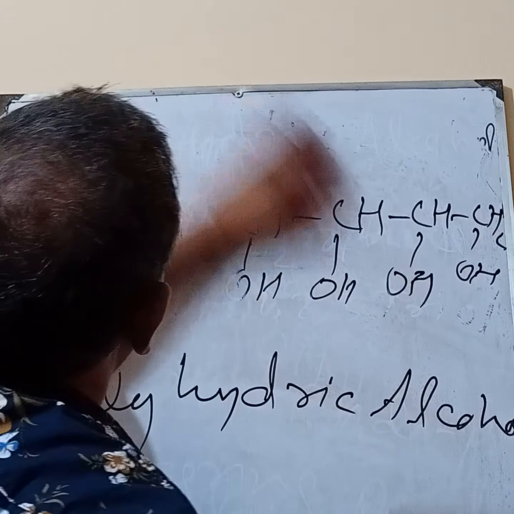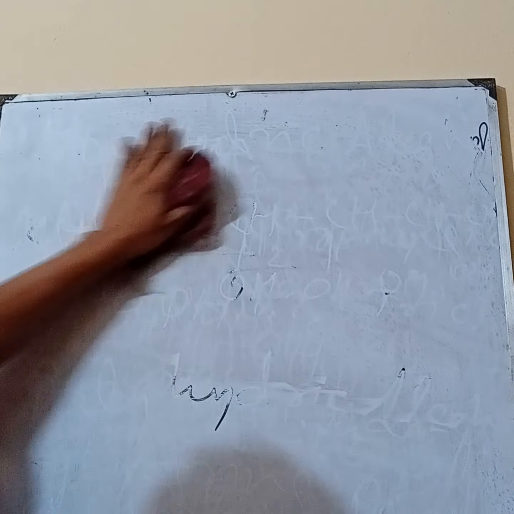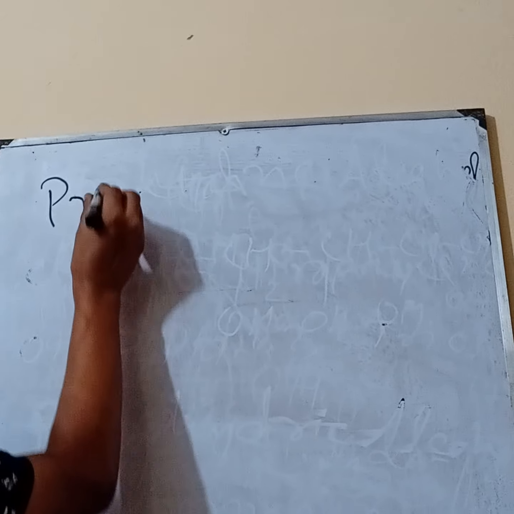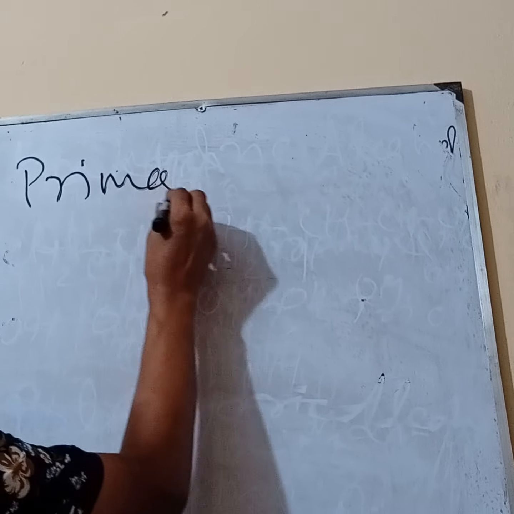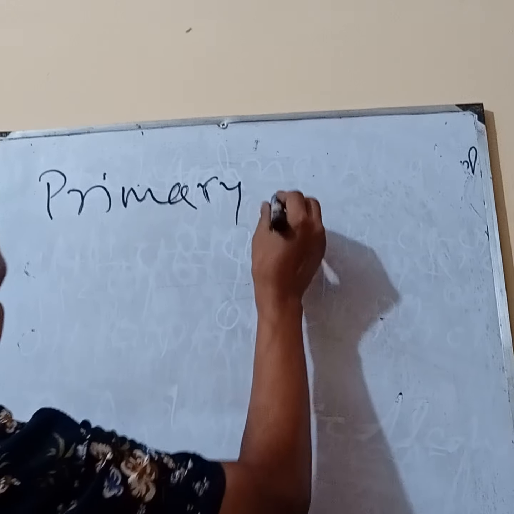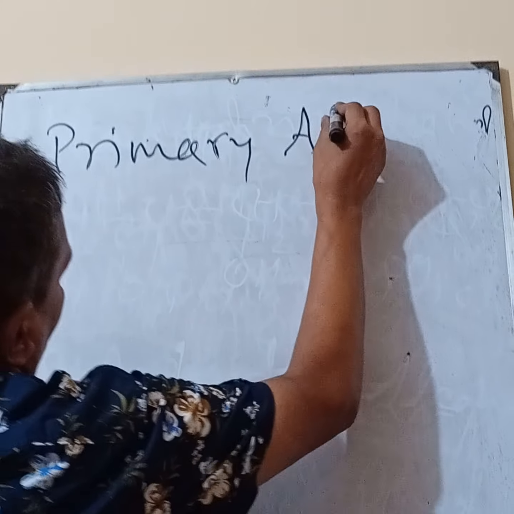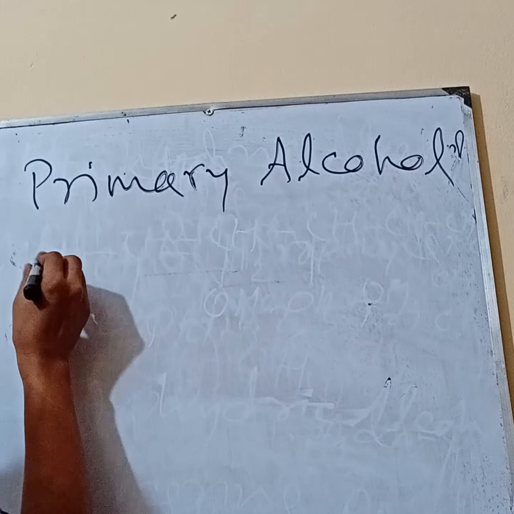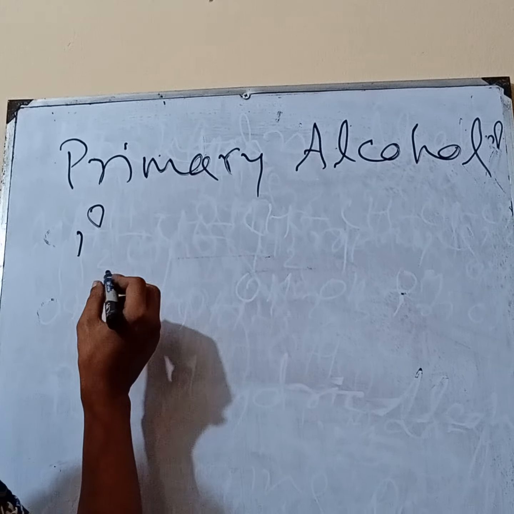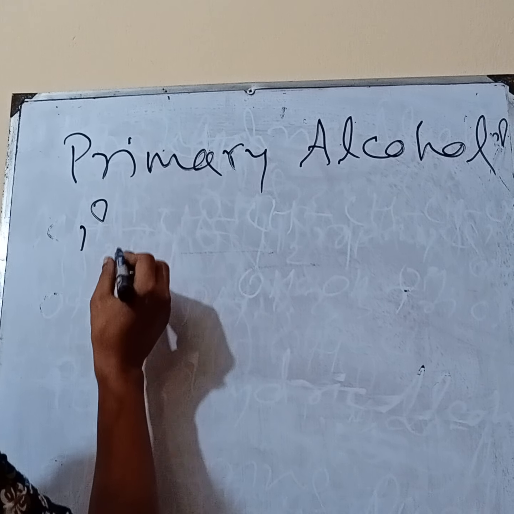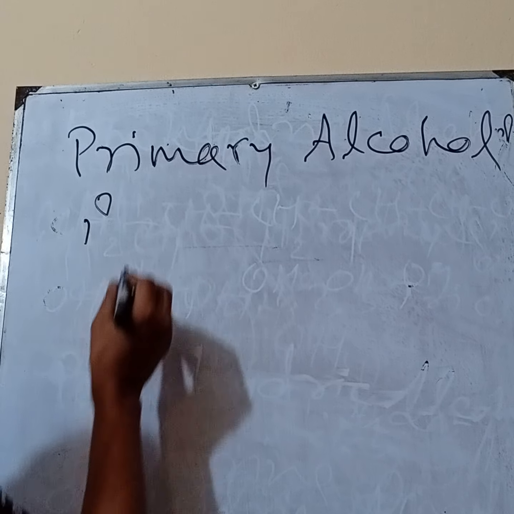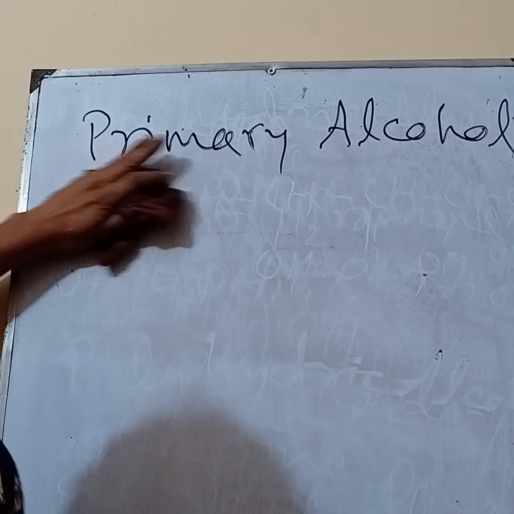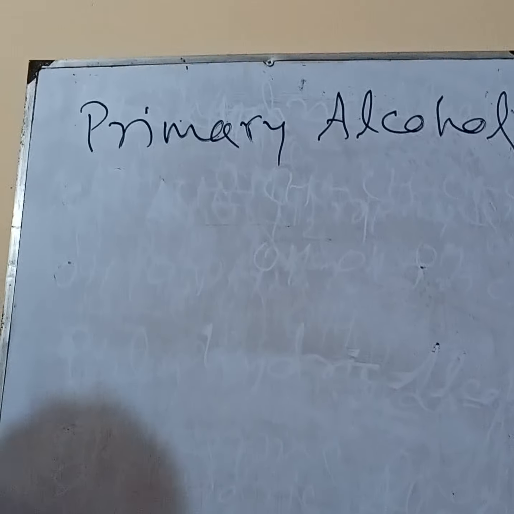Then we have to write primary alcohol, or 1 degree alcohol. 1 degree alcohol. It is not necessarily a primary alcohol. How?